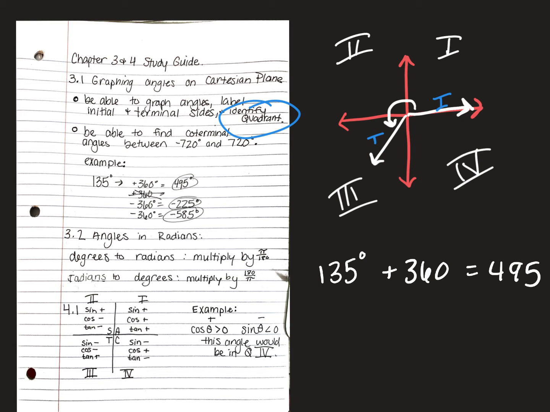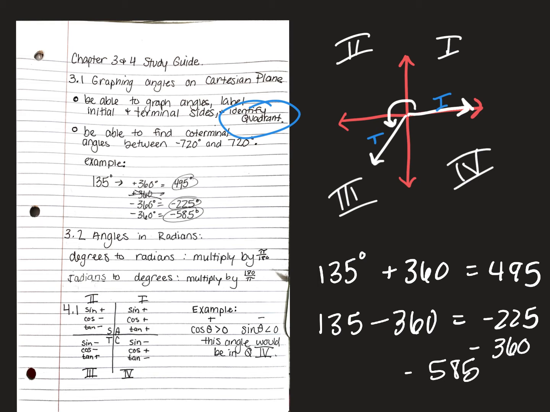If we would add it again, we'd be over 720. So then let's do 135 minus 360. That gives us negative 225. And then we'll subtract 360 again, getting negative 585. So those are going to be your 3 coterminal angles. So again, you're just adding and subtracting 360.